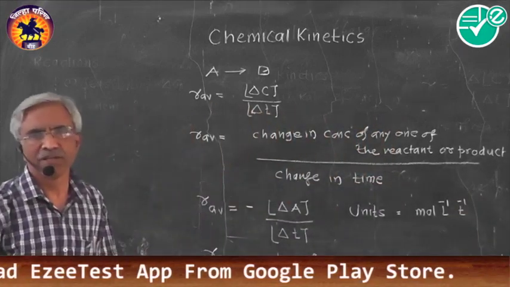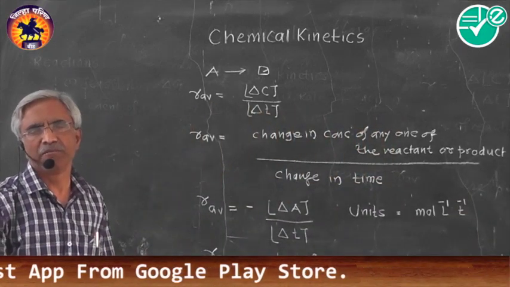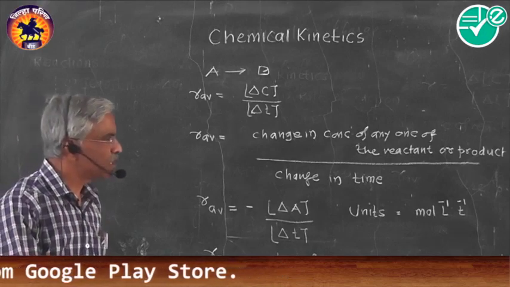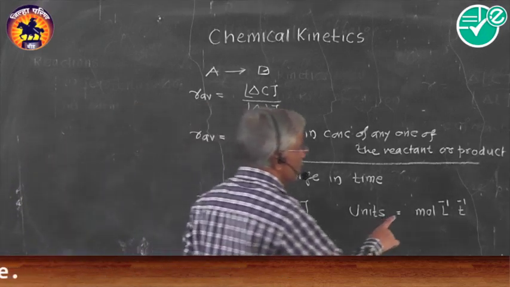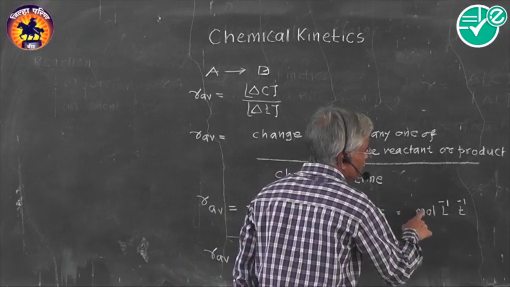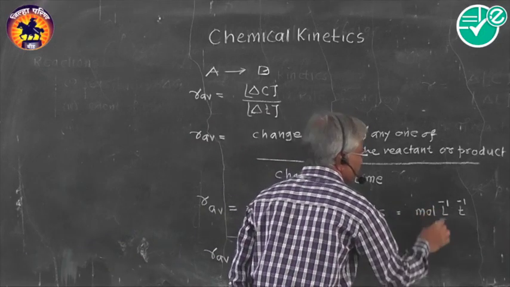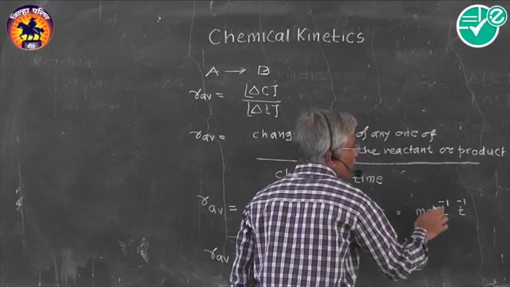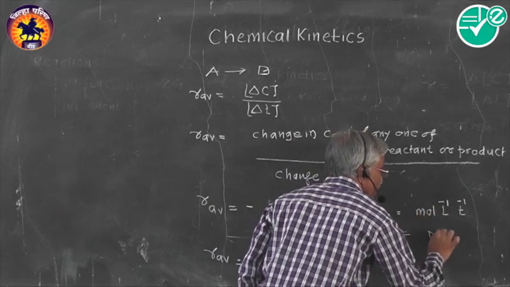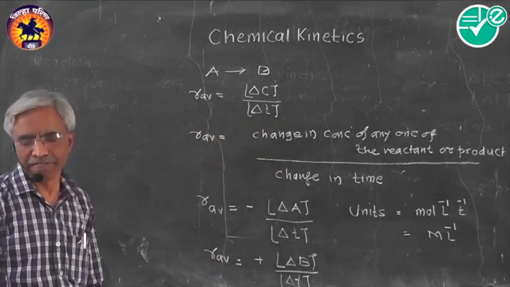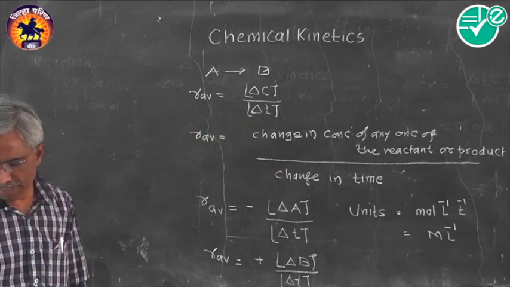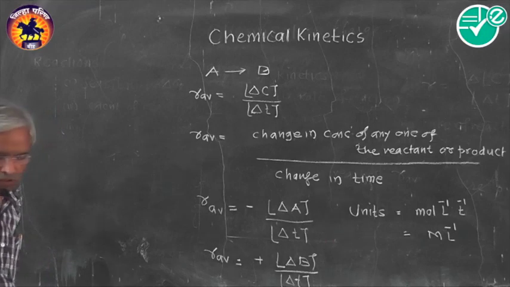If measured in seconds, it will be second raised to minus 1. In minutes, it will be minute raised to minus 1. But for aqueous solutions, we can also write molar, number of moles per liter. For 1 mole per liter, we can write a molar, and therefore it can also be written as molars per liter.